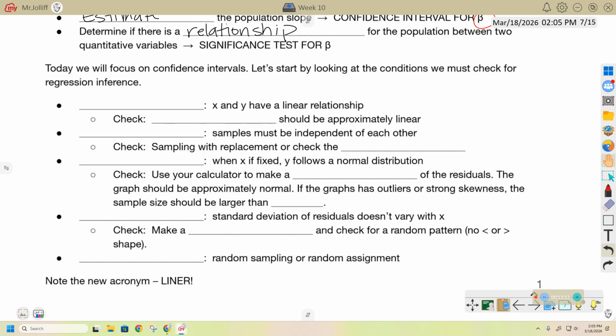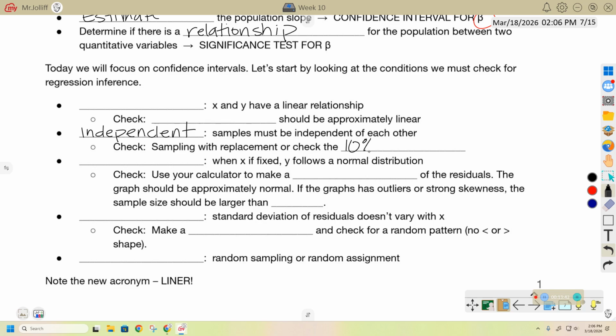Okay, so first we'll start with the familiar ones. This second bullet point is independent. I want my sample selections to be independent. Yeah? And we check that by either checking that we're sampling with replacement, or how do I check for independence? 10% condition.